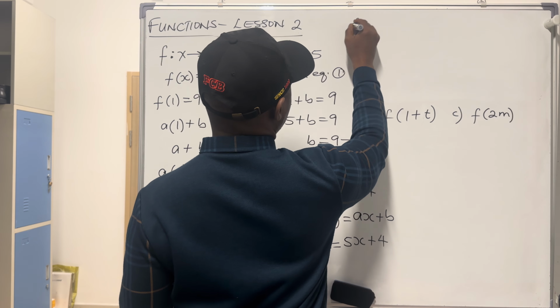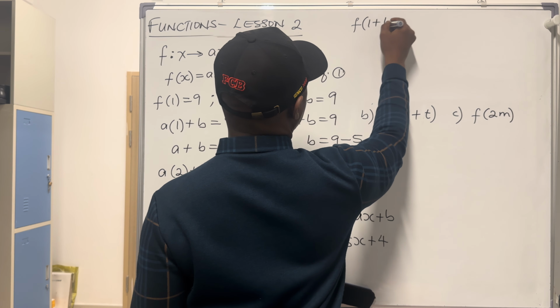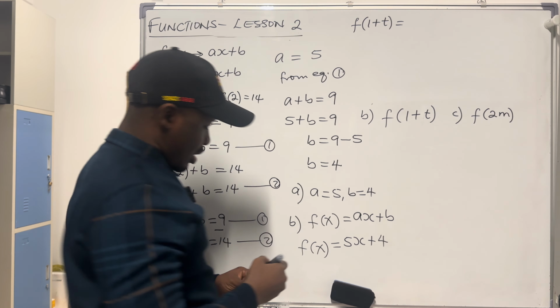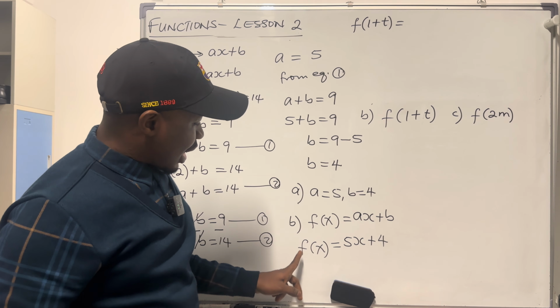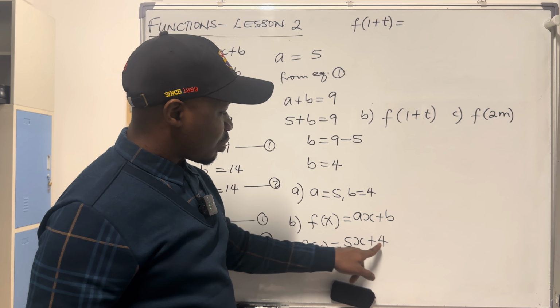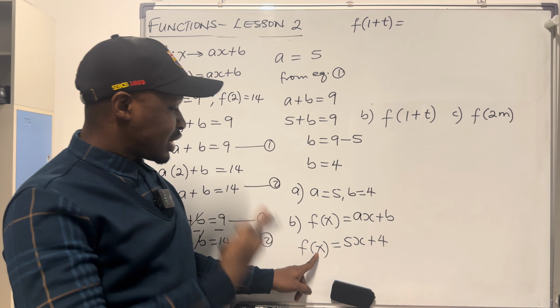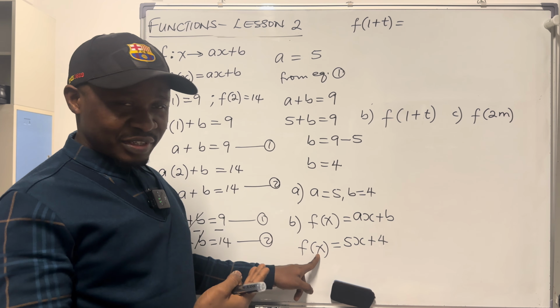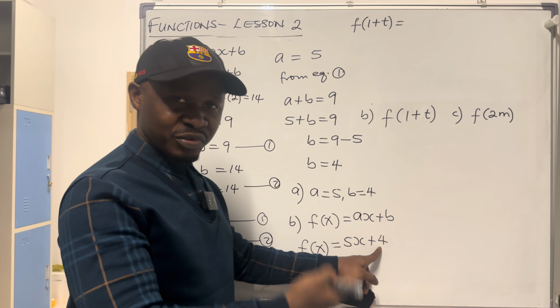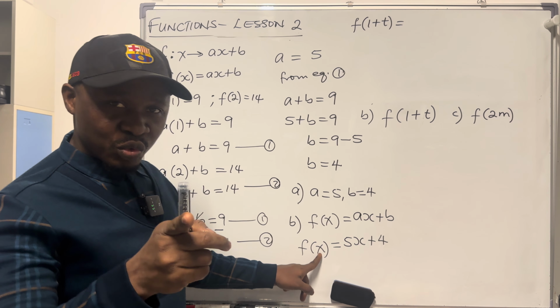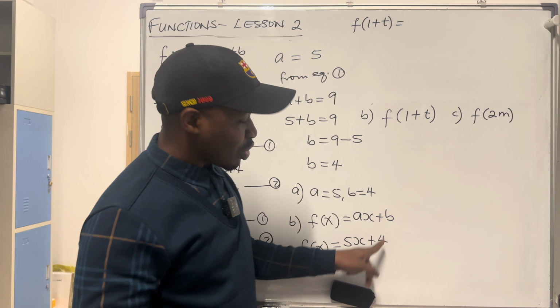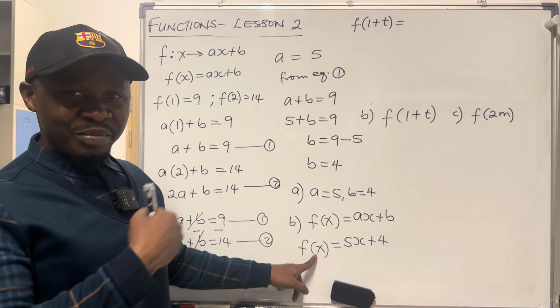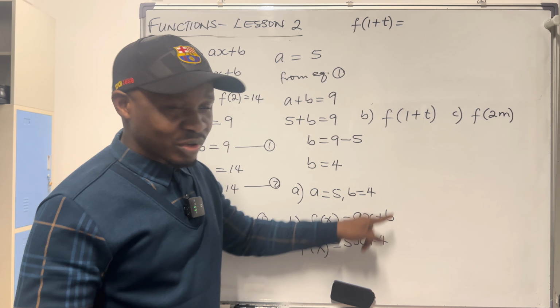So now going for 1 plus t. But f of x is 5x plus 4. F of t, 5t plus 4. F of u, 5u plus 4. F of me, 5me plus 4.